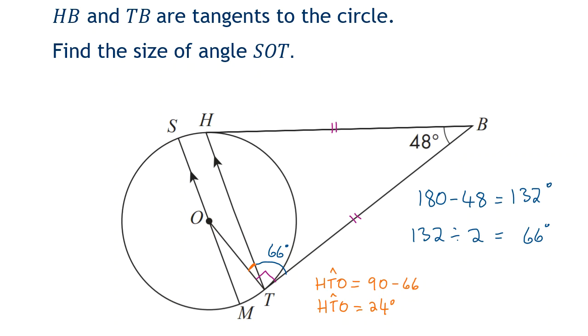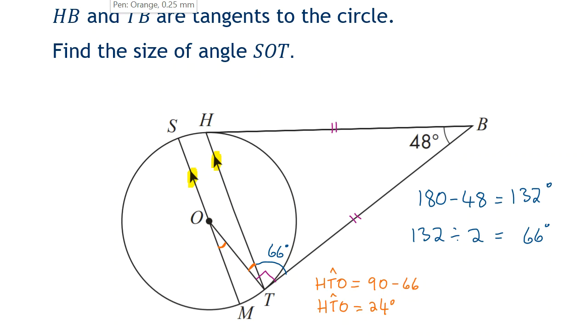Now, there's so many things going on in this example, but these two arrows here show us that those two lines are parallel, and because of that, we can use the alternate angle fact to tell us the size of this angle in here.